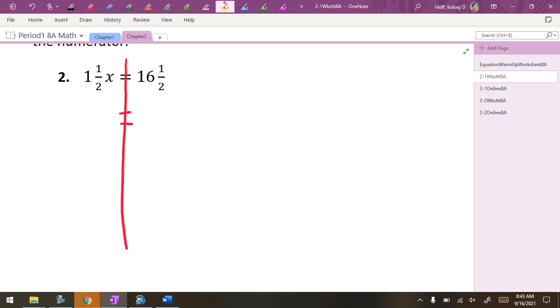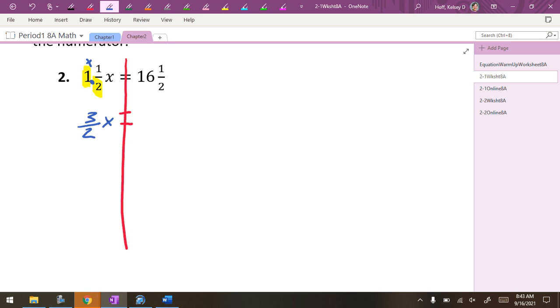1 and 1/2 x needs to get changed. So right away, I take my whole number times my denominator. 1 times 2 is 2. And then I need to add 1. 3. What's my denominator? 2. It stays what it was before. And then I put my x on there. Okay?